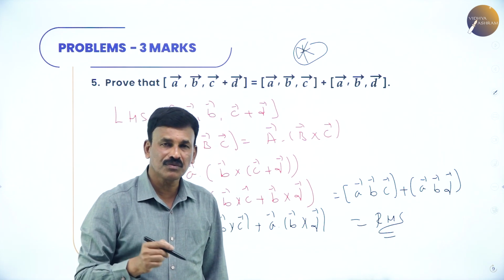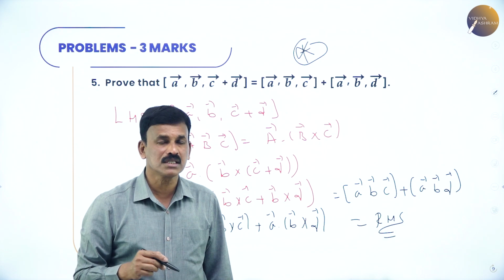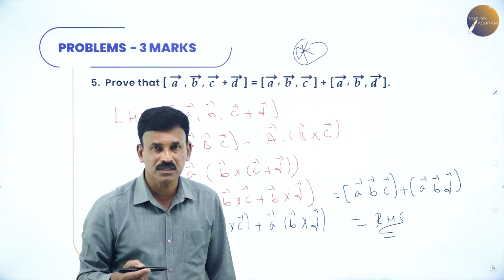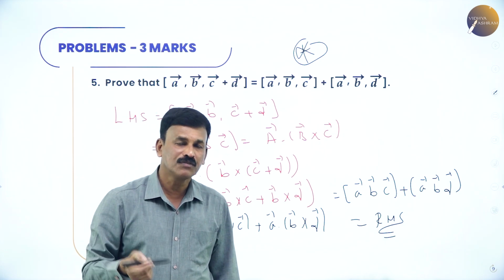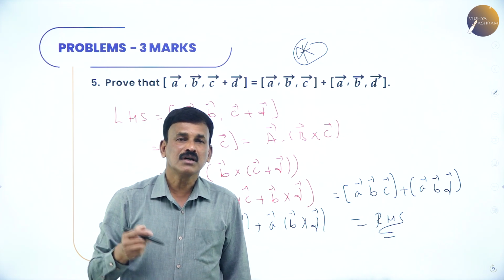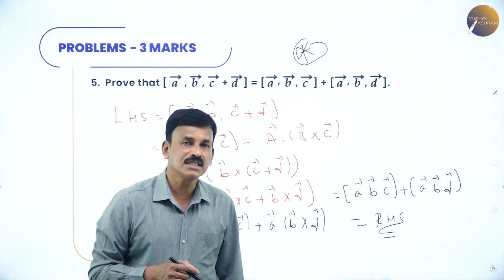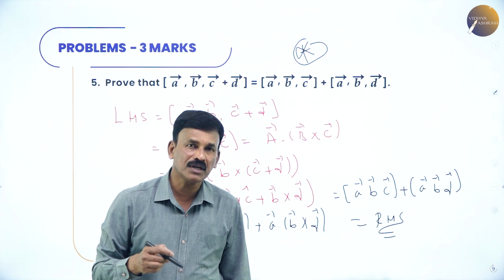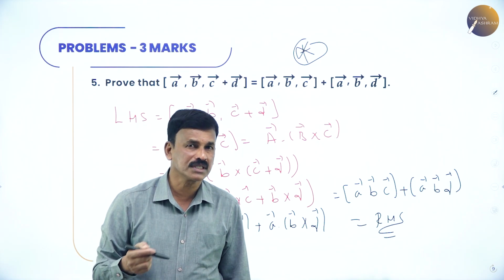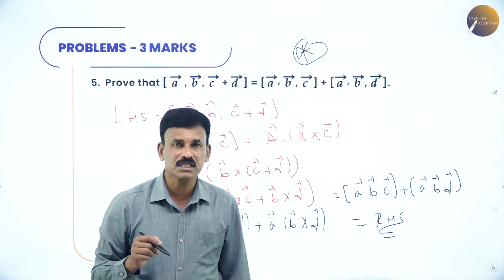Suppose 4 vectors are given, verify that the given vectors are coplanar, or if 4 vectors are given and they satisfy the condition that they are coplanar, find the value of x or lambda or k. Now let us take one small example on that.